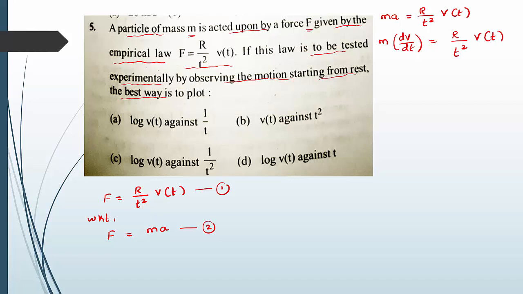So let us integrate the above equation, because you can observe the options here: they have given a log of V of T. So we go for integration. It will be very easy.